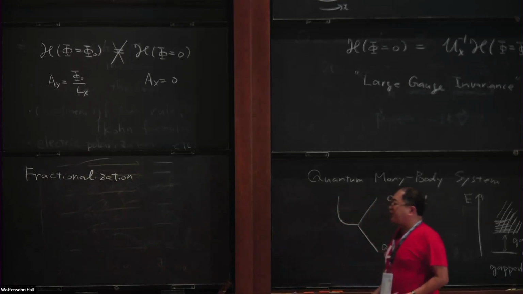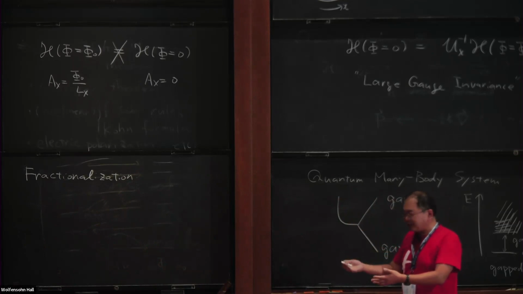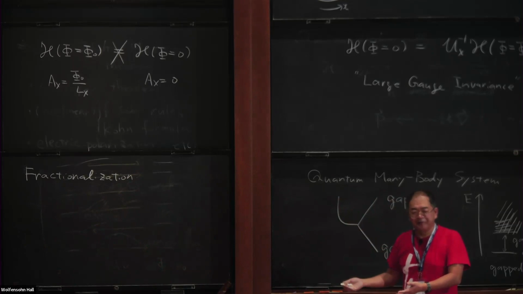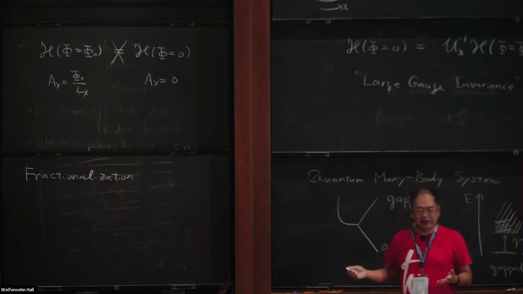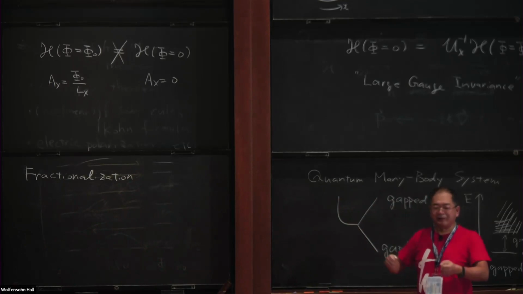That is, you find a fractional charge in units of the elementary charge of the electron, like 1/3 of the elementary charge e. And people have already experimentally found those fractionally charged excitations.